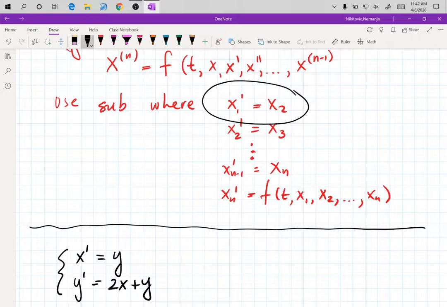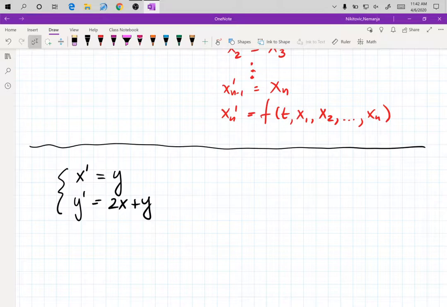These variables are functions. Your independent variable is t. All of your x's and y's are functions of t, right? So this first line is actually telling you that over here you can say that y prime is equal to x double prime. You are differentiating everything in terms of time.